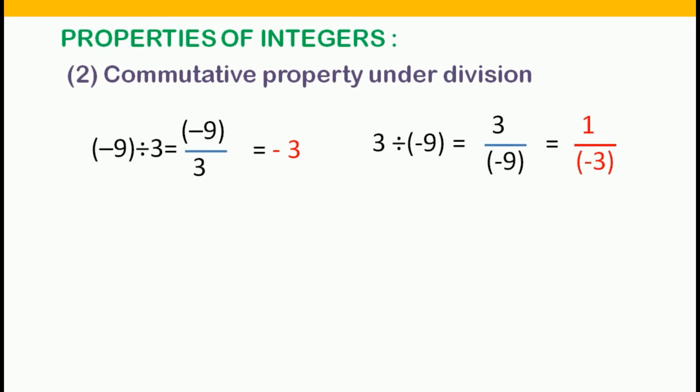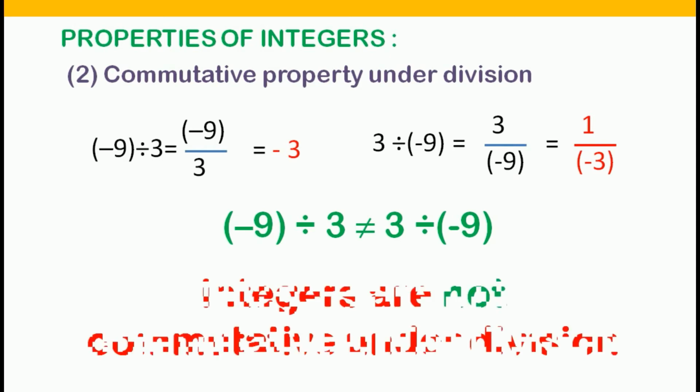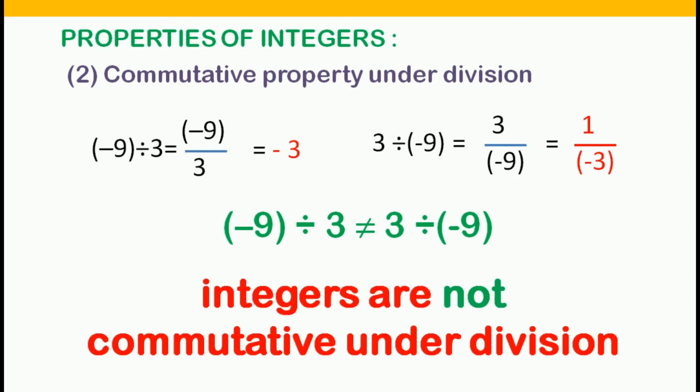So when we change the order in division, the result is not same. Therefore, we can write minus 9 divided by 3 does not equal 3 divided by minus 9. So here integers are not commutative under division.